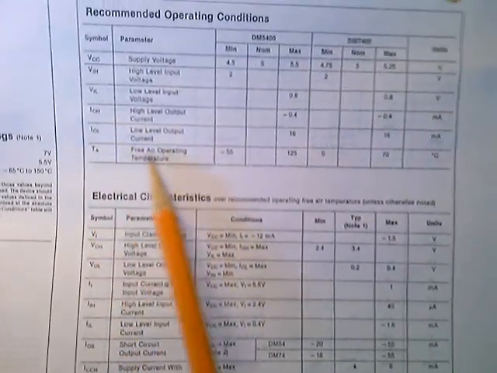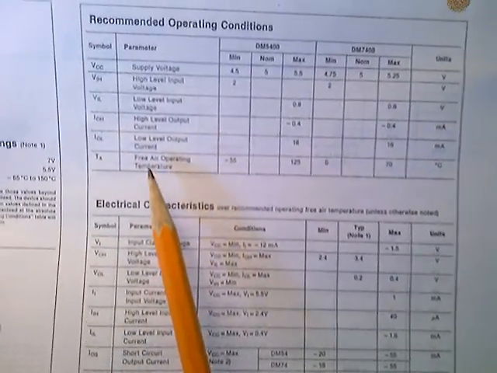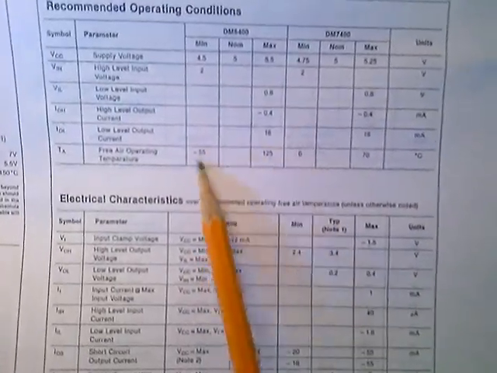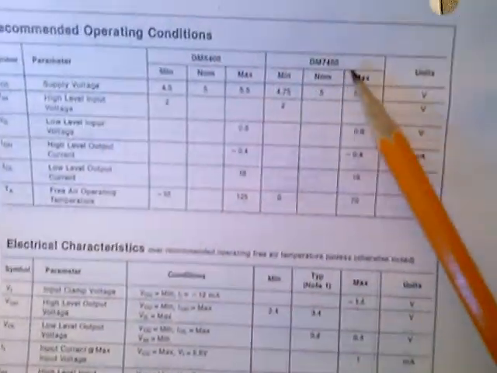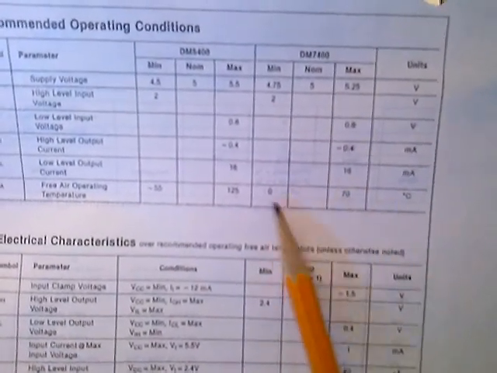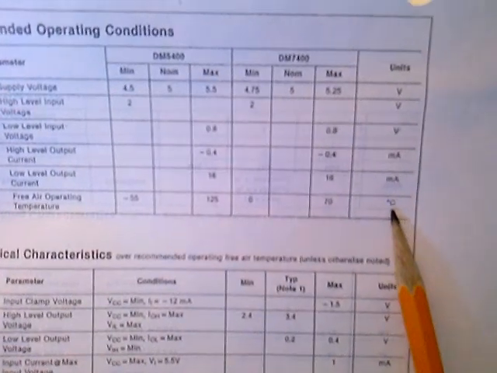Notice T sub A is free air operating temperature, and here's your 5400, and here's the range, military grade, and here's your 7400 specification, commercial grade in degrees C.